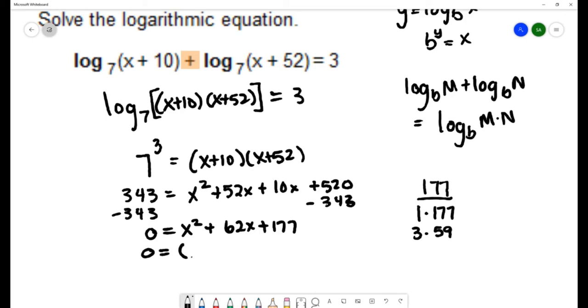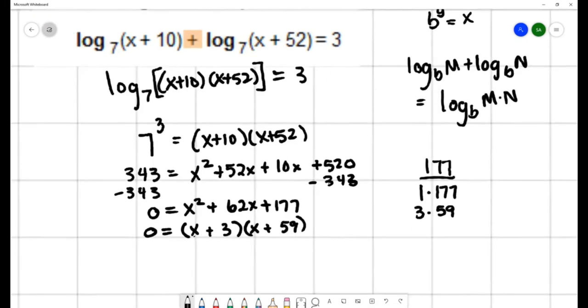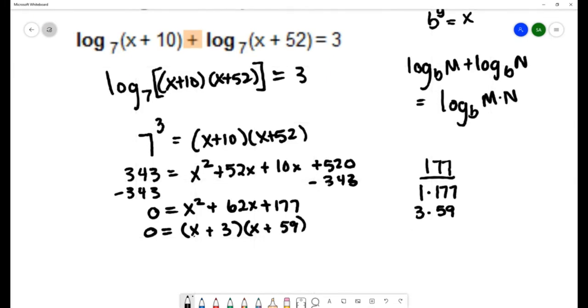So I'm going to be able to factor this into x times x is x squared, and 3 times 59, and both of them have pluses. So we'll set each one of those factors equal to 0. x plus 3 equals 0. x plus 59 equals 0. And we get x equals negative 3 and x equals negative 59.